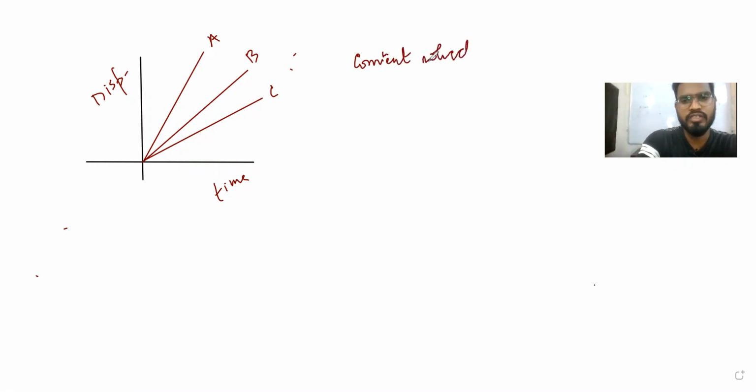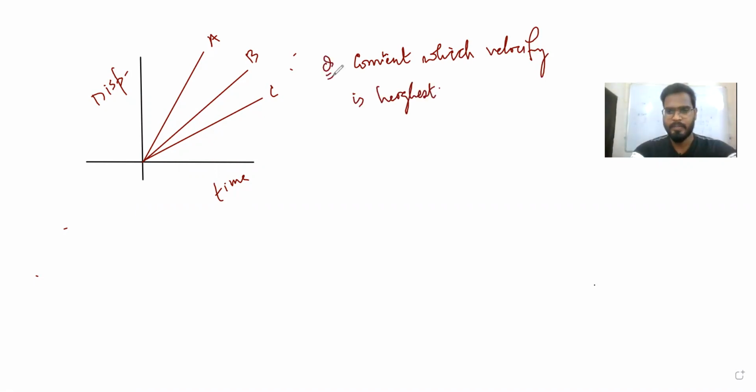So here ultimately we should see the slope, right?